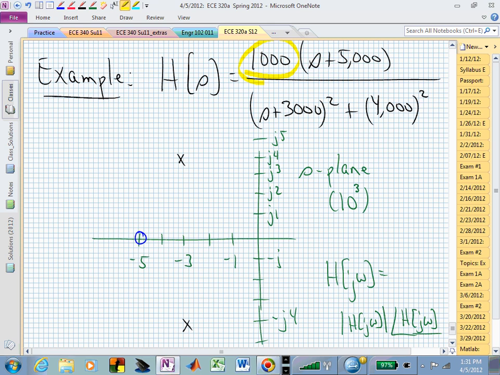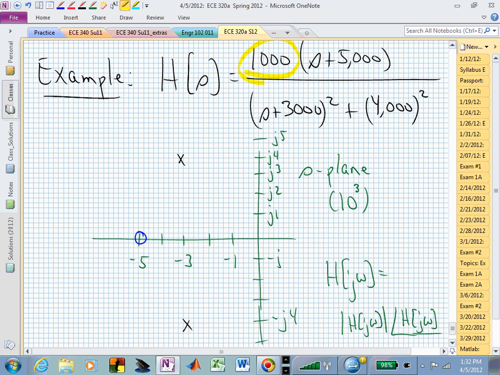You have a 1,000 gain to introduce after you found the information that you are looking for from your poles and your zeros. But are we comfortable with this pole zero diagram from that transfer function so far? Now, what were we asked for in the previous example? We were wanting to find h at j 5,000.